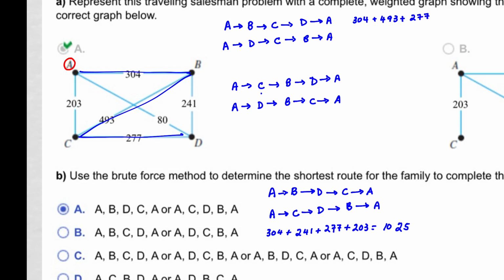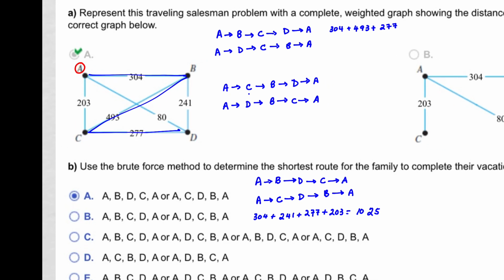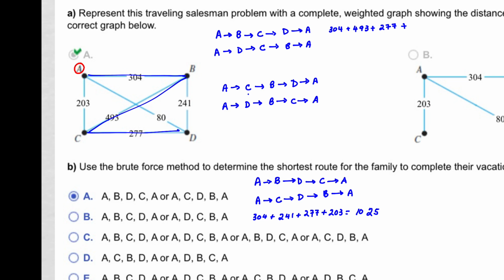And D to A is 80. Let's see, what does this turn out to be? For that, I'm getting 1,154. So far, this is the better route. We're saving about 125 miles that way, a little bit more than that.